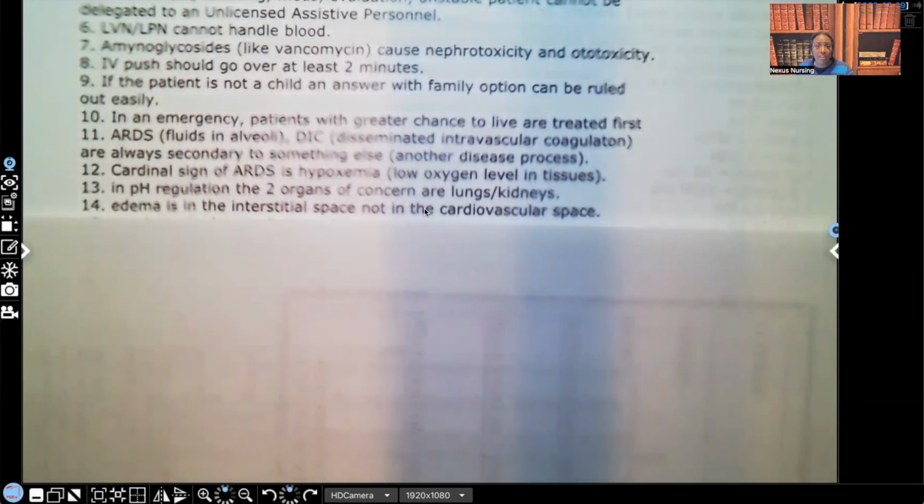And the problem with this, that fluid that's supposed to be in the vascular space, that's what's supposed to be perfusing your organs, such as your eyeballs, your liver, your kidneys, your spleen. And that's why when the patient has gone through a severe burn, it is a priority to give them fluids. We're giving them fluids hard and fast.